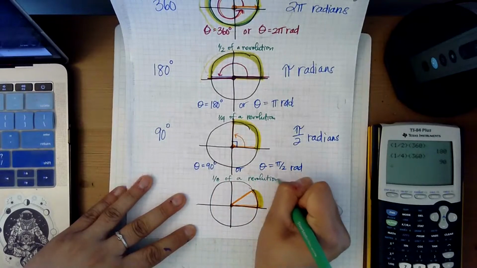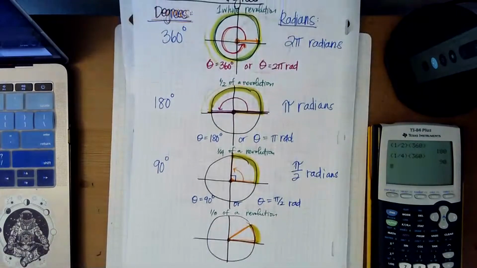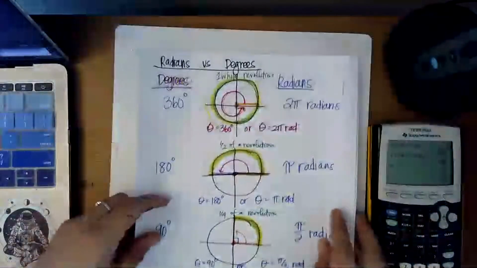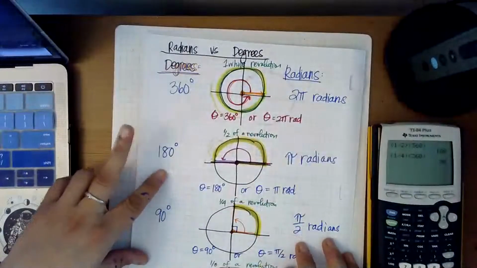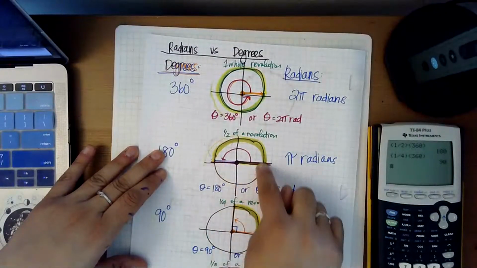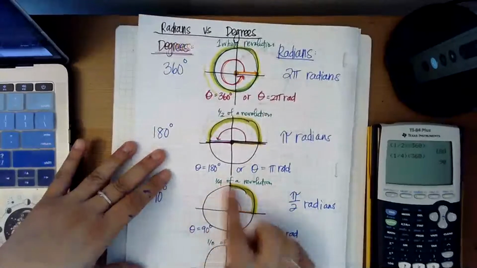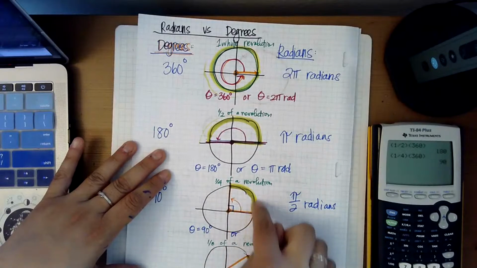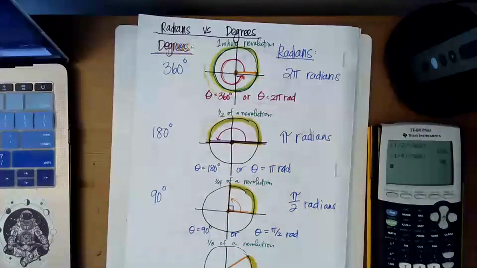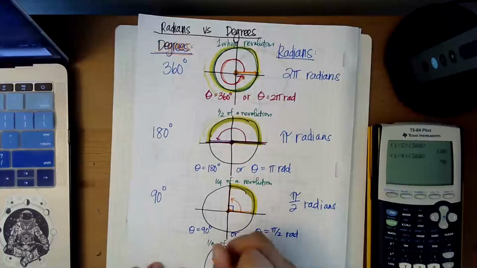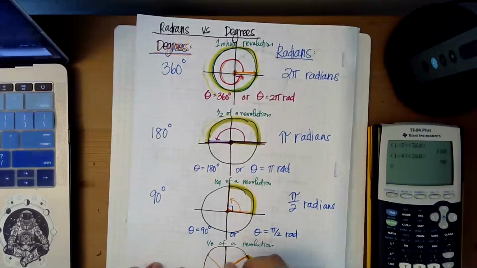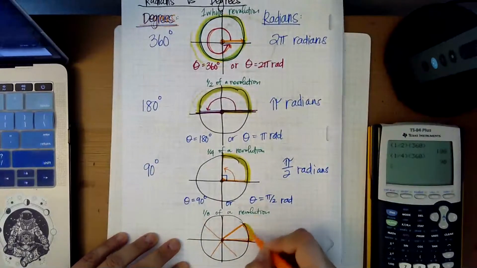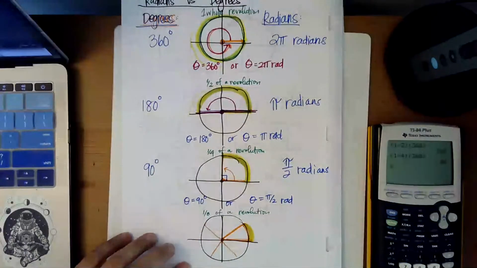And so what does this mean? Here, this one whole revolution means that I look at the pizza as only one slice. 1/2 means I now have 2 slices on the pizza. 1/4 means I have 4 slices, but I'm only analyzing 1 out of the 4 slices. And 1/8 means that I cut this into 8 pieces, but I'm only looking at 1 slice out of the 8, okay?